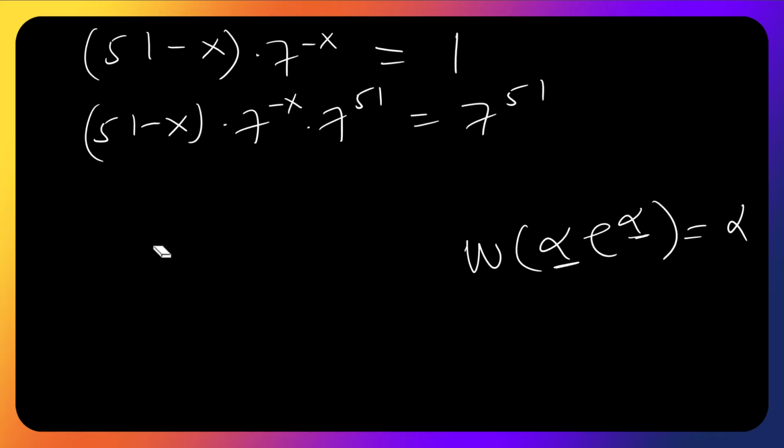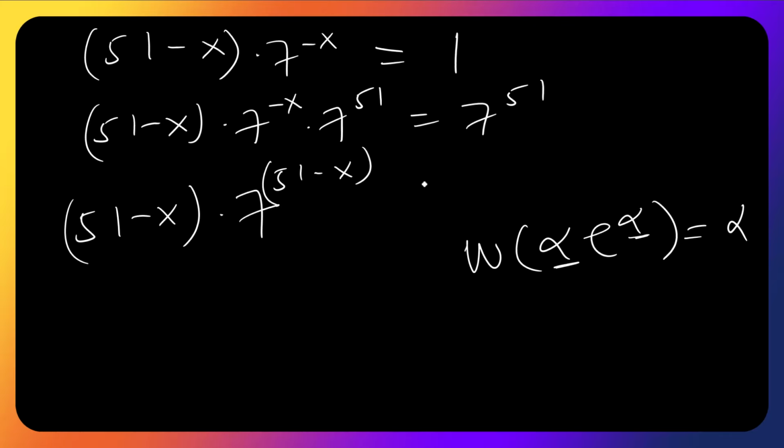From here, we can perform indices. That will be 51 minus x times 7 to the power, when I add, 51 minus x, which is 7 to the power 51.